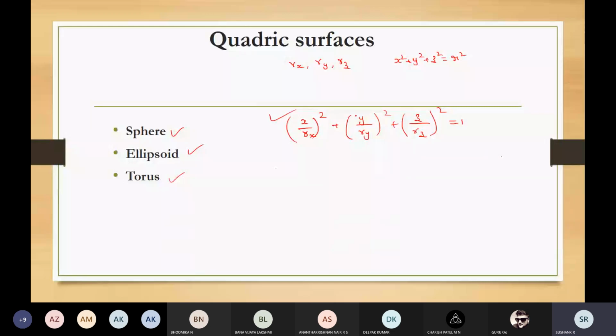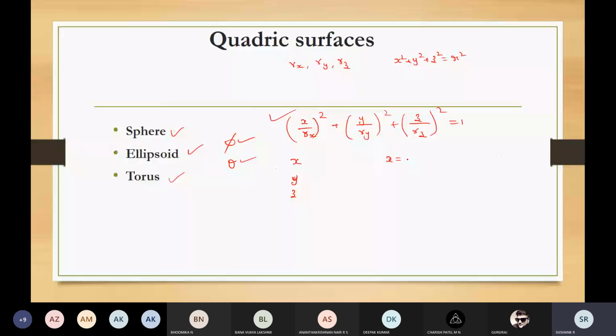And here also we can represent x, y, and z with respect to the latitude angle and longitude angle. Latitude angle means phi, longitude angle means theta. So here also we can represent this ellipsoid with respect to latitude angle and longitude angle.